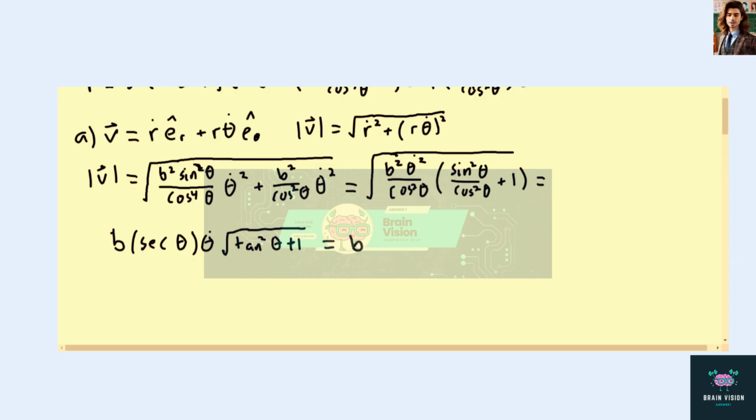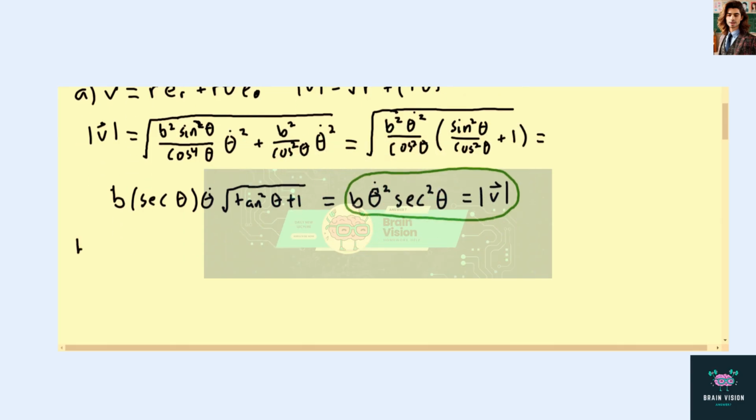And so we get our speed, the magnitude of velocity, is equal to a b theta dot times secant squared theta. So that's our expression for the speed, the magnitude of velocity, for part A.